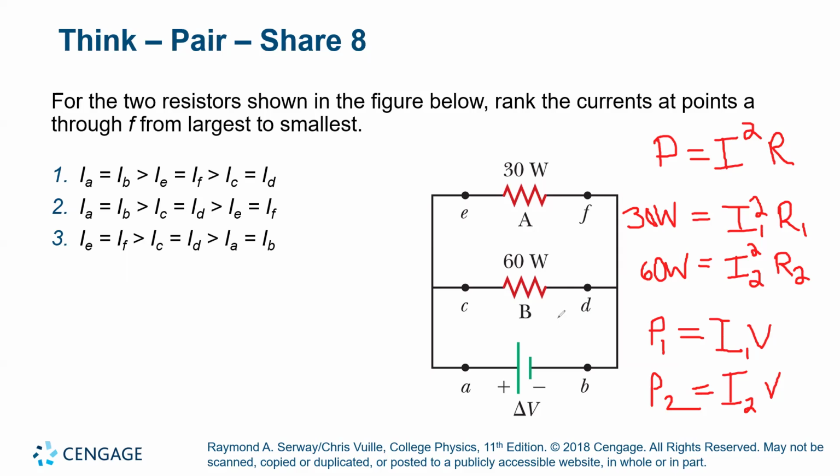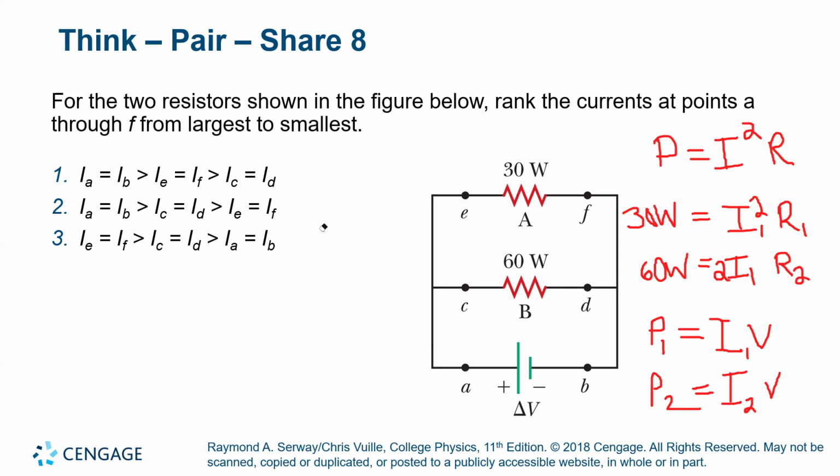All right, so knowing that, we can talk about the resistors now. So 30 watts, we're going to let that be I1. And for the 60 watt, what I'm going to do is let that be I1 divided by 2. I'm sorry, I1 times 2, it's double the current, right? Almost got me there.